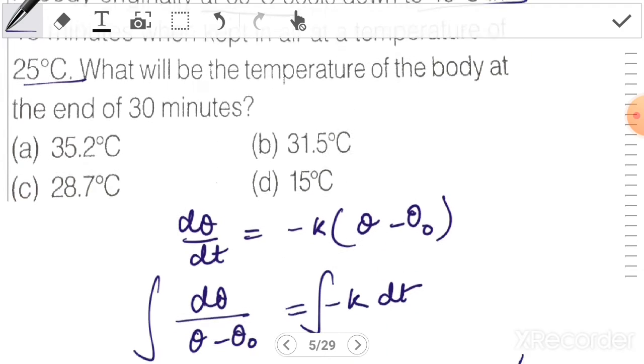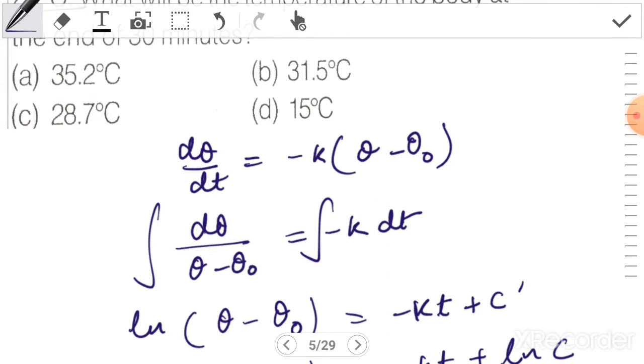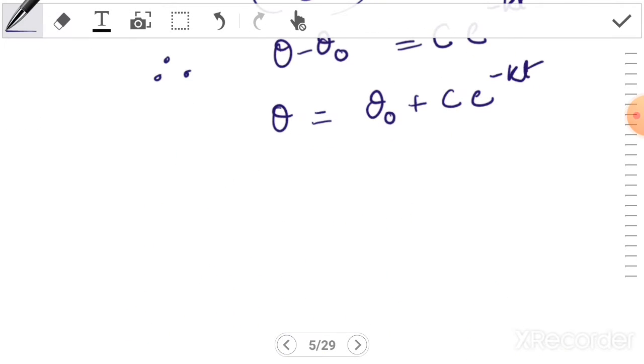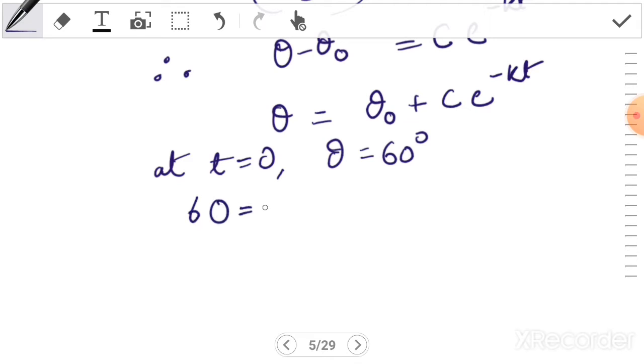So at t is equal to 0, θ is equal to 60, and 60 is equal to 25 plus c e^0.